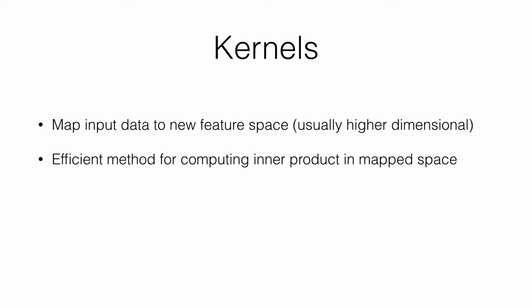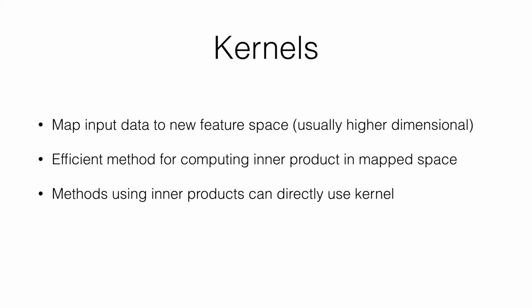And then the idea is that whenever you have a method that uses the inner products, whether it's in a mapped space or in the original space, instead you directly use the kernel function. So you never actually have to compute these inner products. The example of this and the whole motivation for this is the dual SVM, but there's actually a lot of other methods out there that can use the kernel trick.